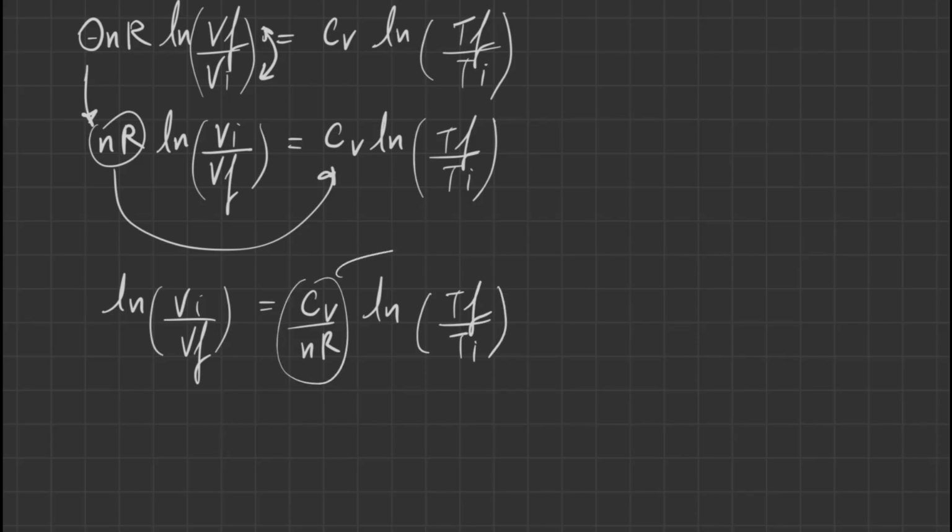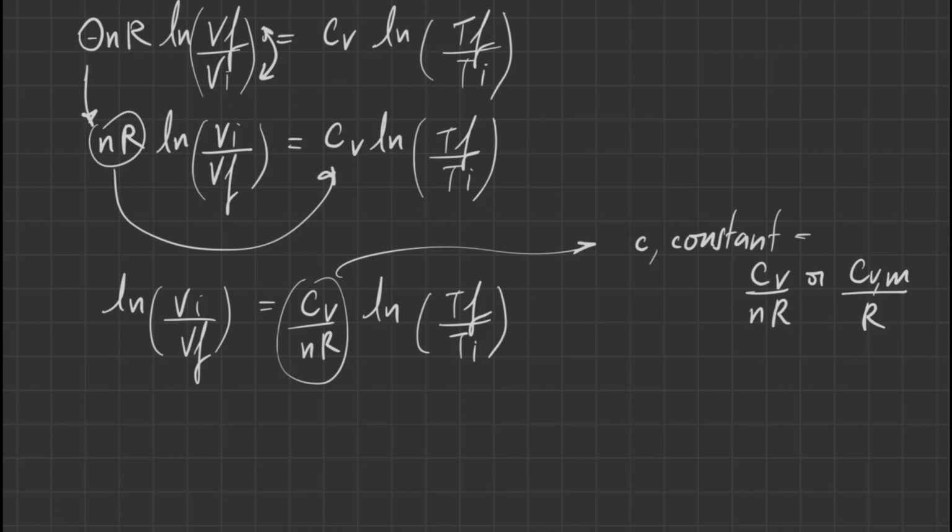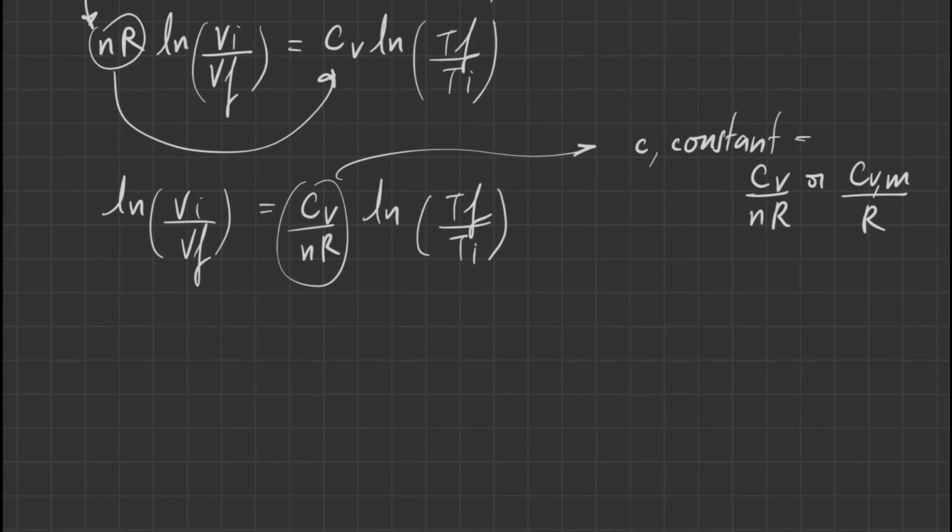This term, we can introduce a constant, c, which is equal to CV over nR, or the molar heat capacity at constant volume over R. So that's what c means. We can rewrite with that c in place.